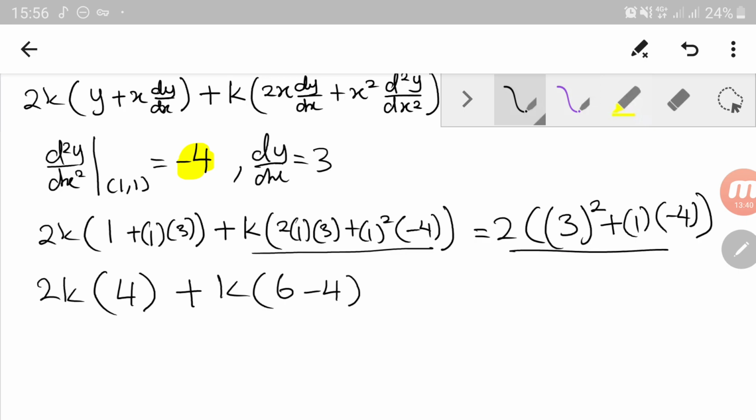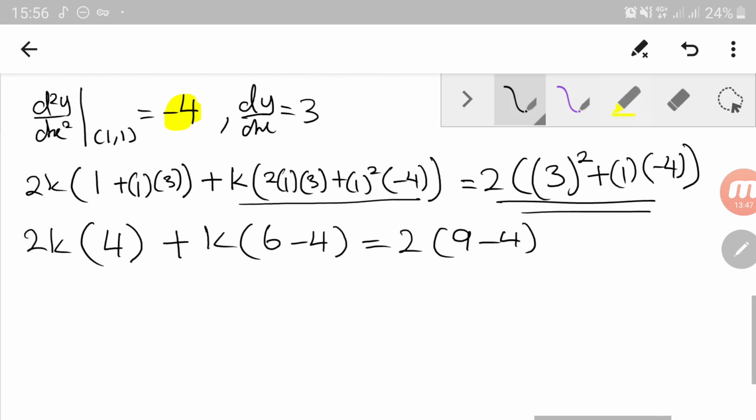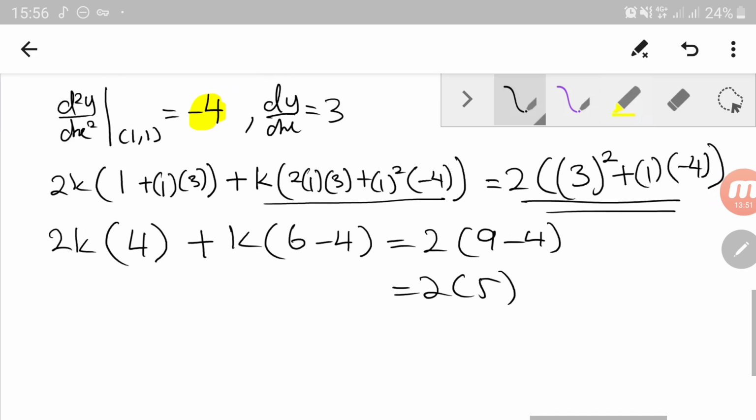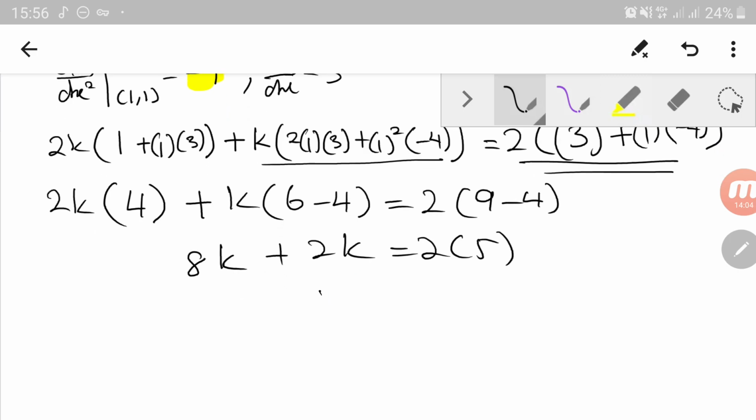Now this one equals berapa tu? 9 minus 4, now 5 lah. Correct. So k is 2k. And then this one what? 10. 8k. Correct. So 10k equals 10. k is 1.